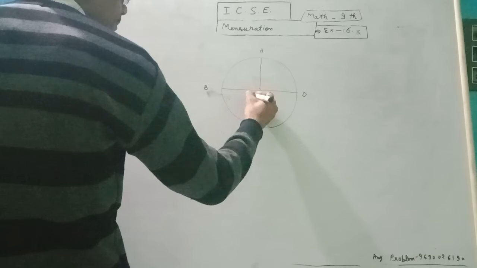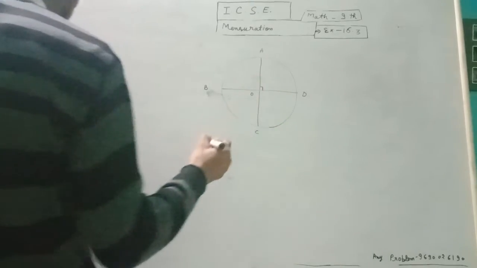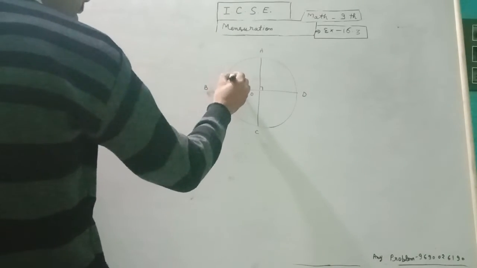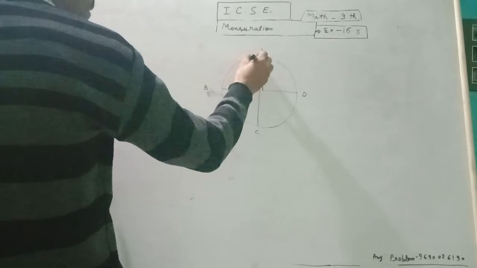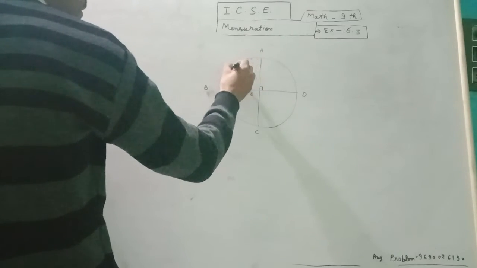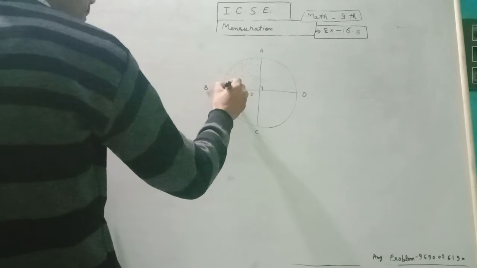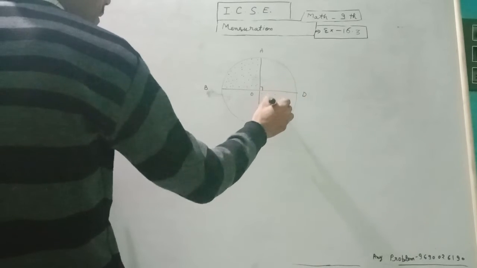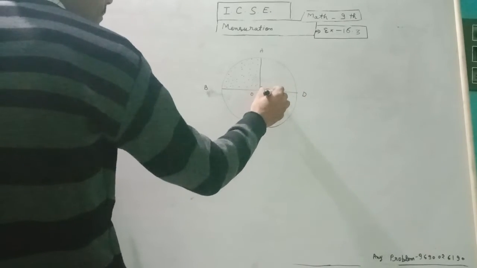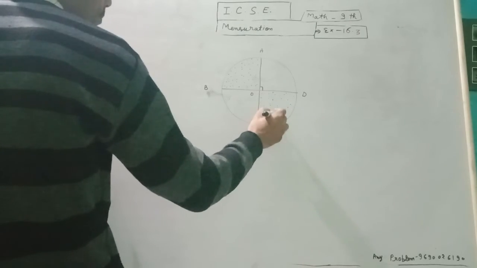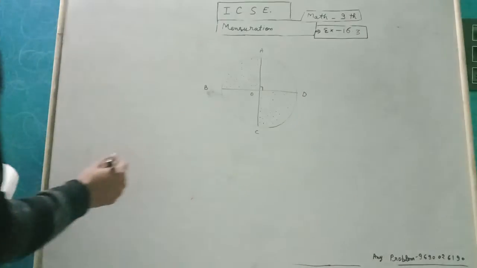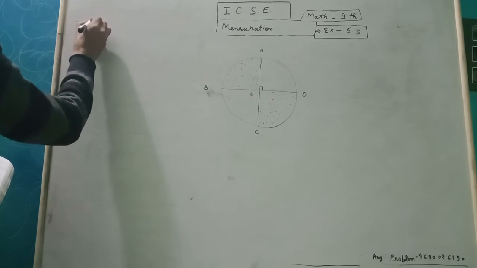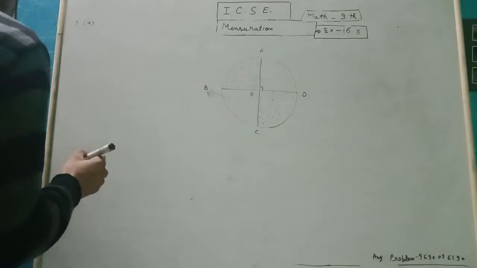O is the center, which intersect each other at 90 degrees. Both diameters divide the circle into 4 equal parts. The shaded part is 1/2. Part A of question 7, figure.